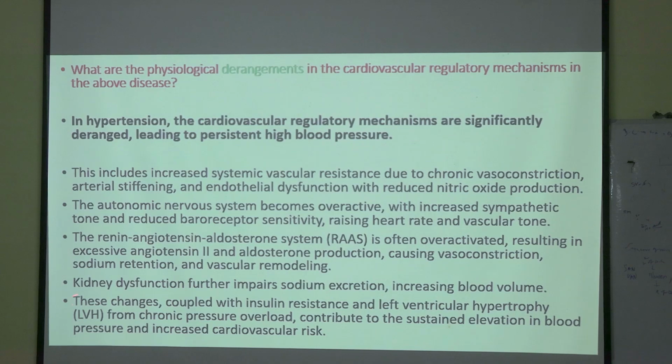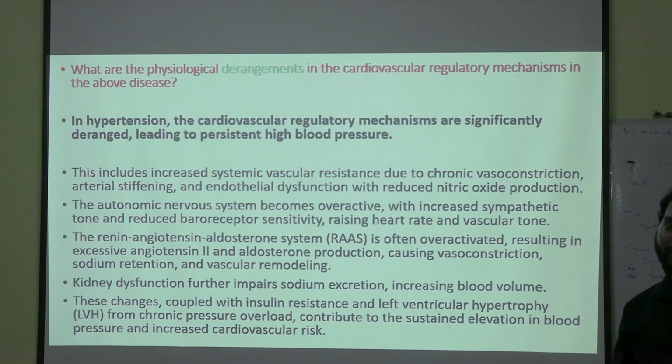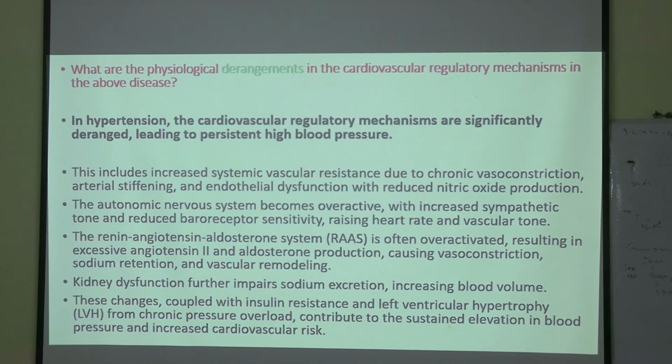Now other than this, there is the dysfunction of kidney that further impairs sodium excretions. As we know, our body needs an optimum level of sodium, but under certain conditions there is an impairment of sodium excretions. So what is this condition? The condition is kidney dysfunction. So due to the impairment of sodium excretions, there is an increase in the blood volumes.